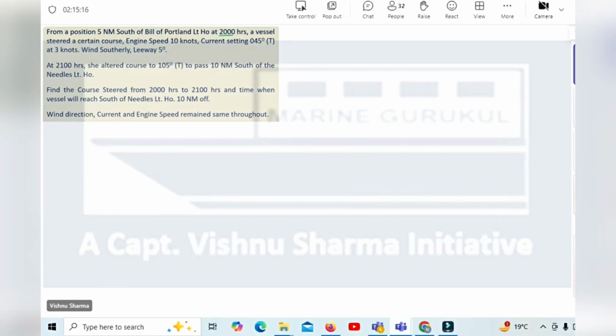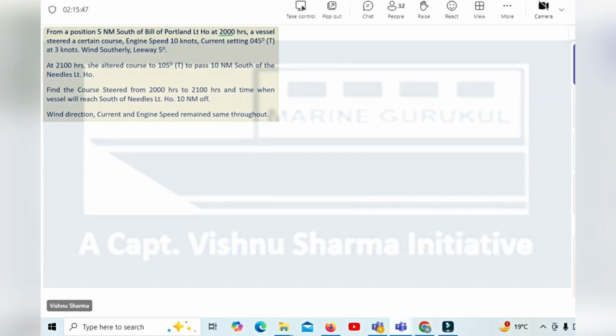Southerly wind causing leeway of 5 degrees. At 2100 hours, she altered course to 105 degrees true so as to pass 10 nautical miles south of Needles Light. Find the course steered from 2000 to 2100 hours and the time when the vessel will reach south of Needles, that is 10 miles off. Wind direction, current and engine speed remain same throughout.